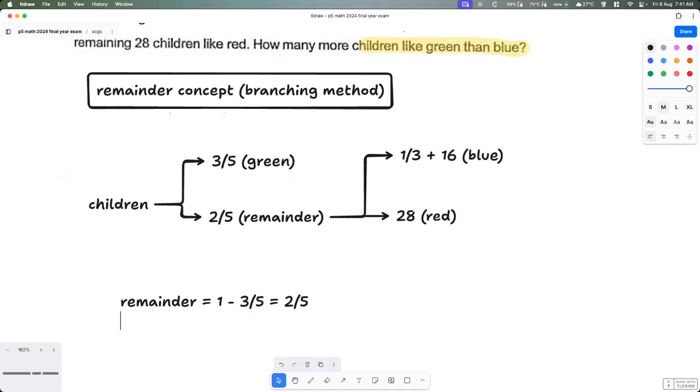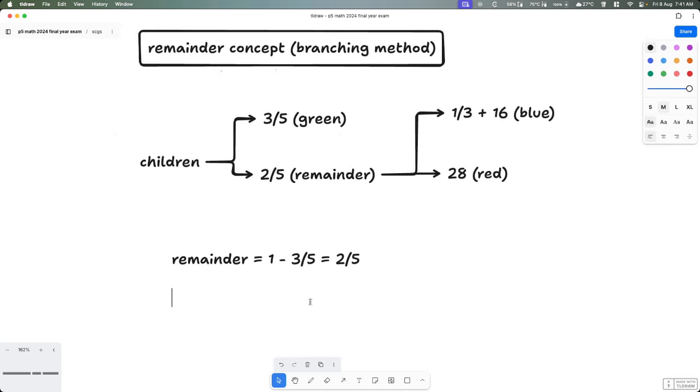So we don't know the red fraction. Red fraction from remainder is equal to 1 over 1 minus bracket 1 over 3 plus 1/6.